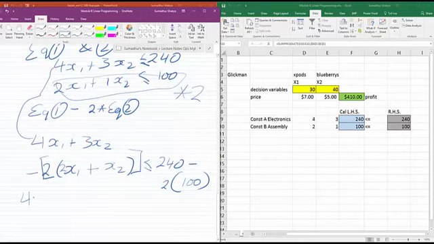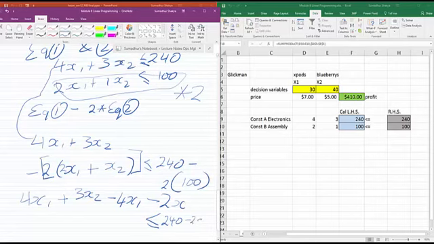So it becomes 4x1 plus 3x2 minus 2 times 2x1, which is 4x1, and 2 times x2, and you remember there's a negative sign in front of the whole thing, so this becomes negative and this also becomes negative, minus 2x2, less than or equal to 240 minus 200.